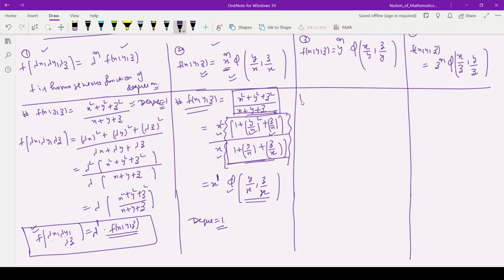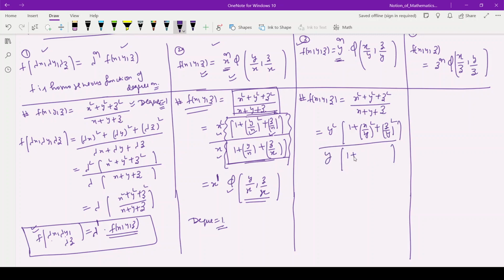So as per this property, again I will say that this function is a homogeneous function with degree equal to 1. Students, now the same function I am going to tackle via property 3. That is, f(x, y, z) is (x square plus y square plus z square) upon (x plus y plus z). Here I will take the maximum possible power of y common from the numerator and denominator. From the numerator it will create 1 plus (x upon y) whole square plus (z upon y) whole square, and from the denominator it will create 1 plus x upon y plus z upon y.